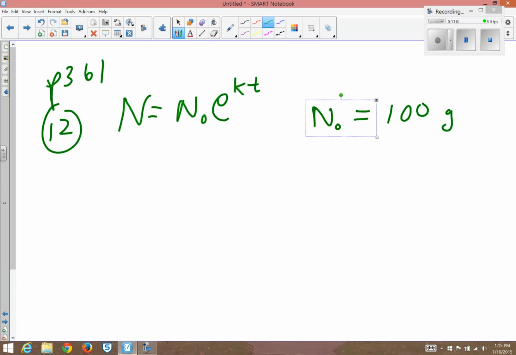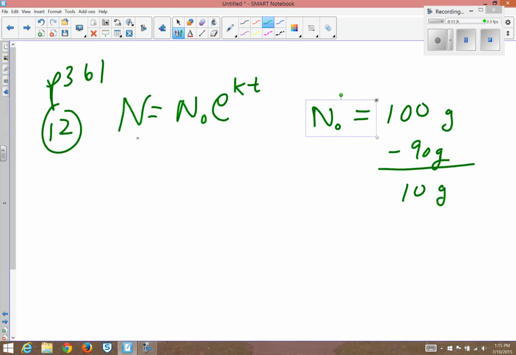I'm just making up this number. If the wood lost 90% of its carbon-14, that means it would have 10 grams left.